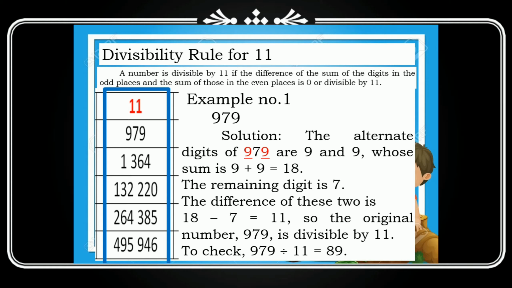The alternate digits of 979 are 9 and 9, whose sum is 9 plus 9 is equals to 18. The remaining digit is 7. The difference of these two is 18 minus 7 is equals to 11. So, the original number 979 is divisible by 11. 979 divided by 11 is equals to 89.